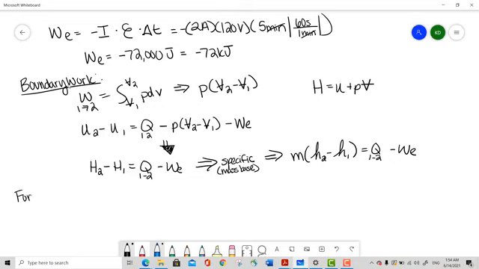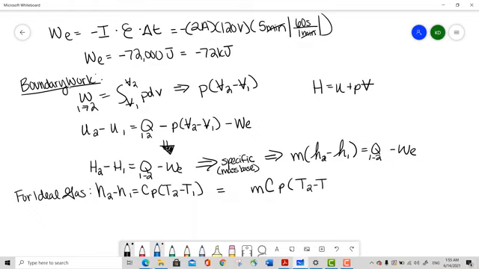So for ideal gas, we know that H2 minus H1 equals Cp, T2 minus T1. And so then we know that this can go into here. It's T1 equals Q2 minus W.